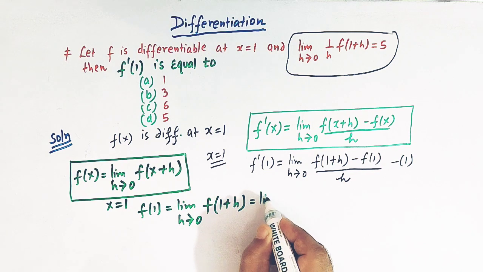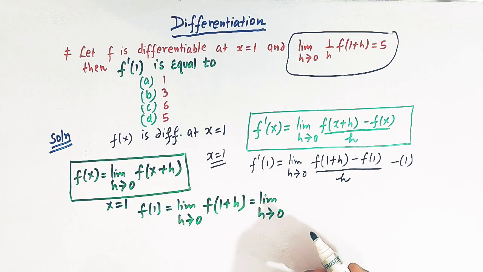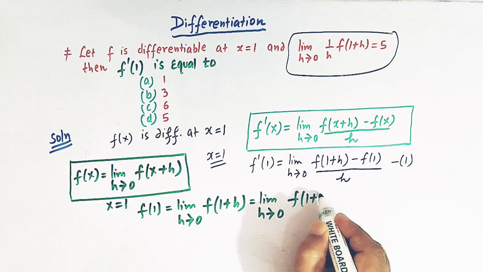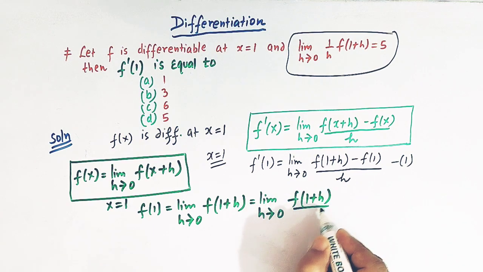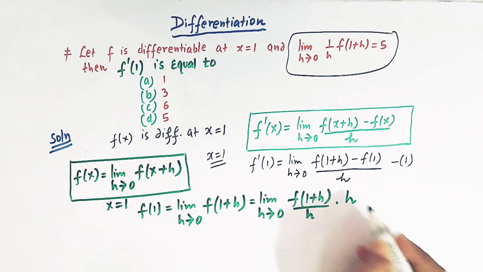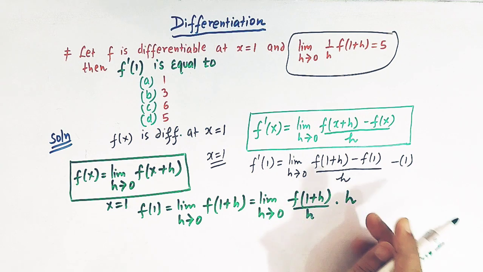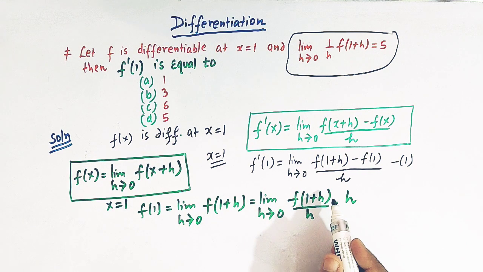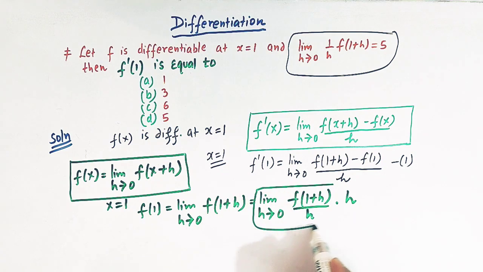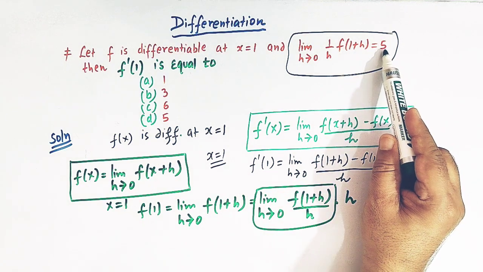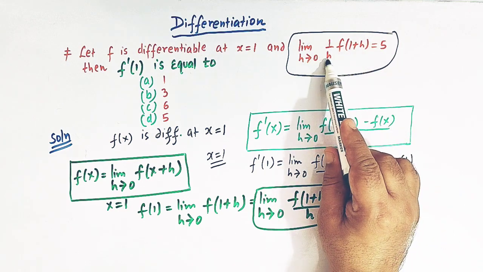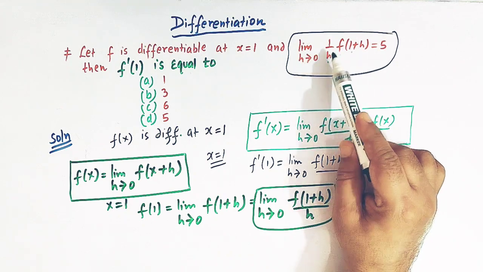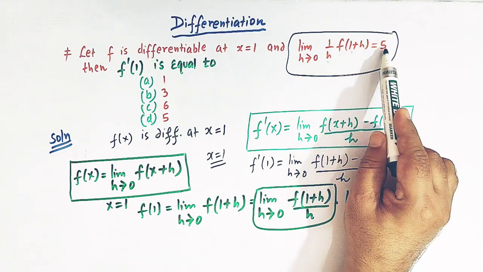Here we can write the limit h tends to 0 of f of 1 plus h as f of 1 plus h divided by h, times h. So h and h get cancelled, and we get the same expression again. This limit is equal to 5. So the limit h tends to 0 of f of 1 plus h over h is equal to 5.